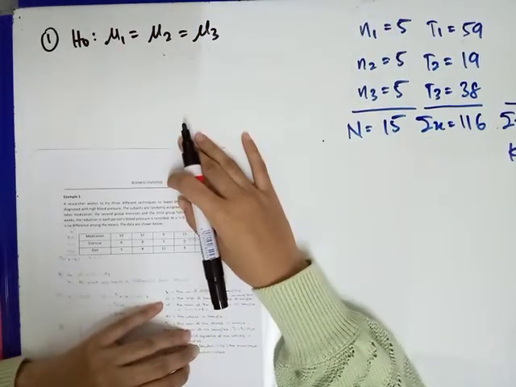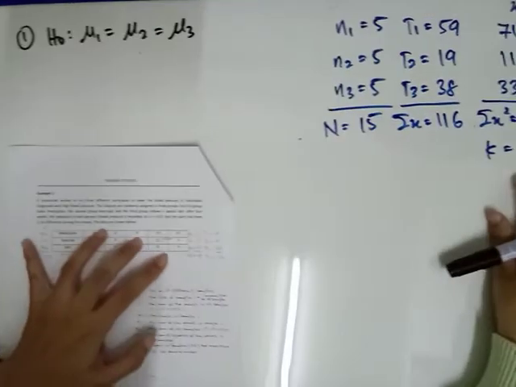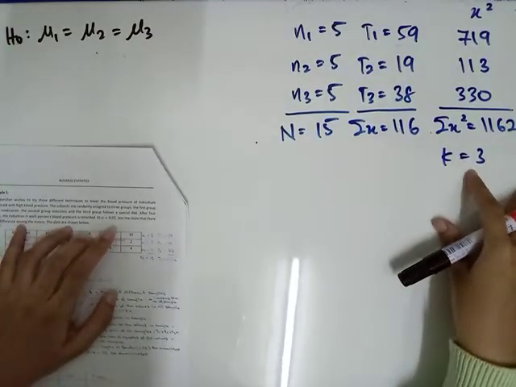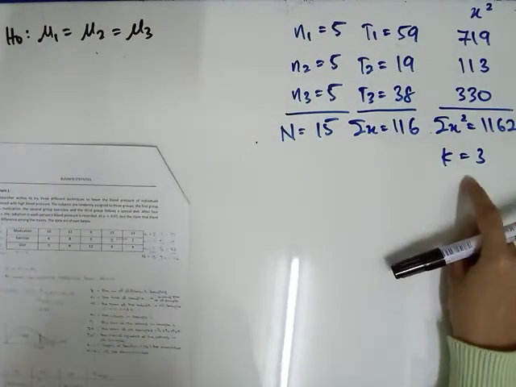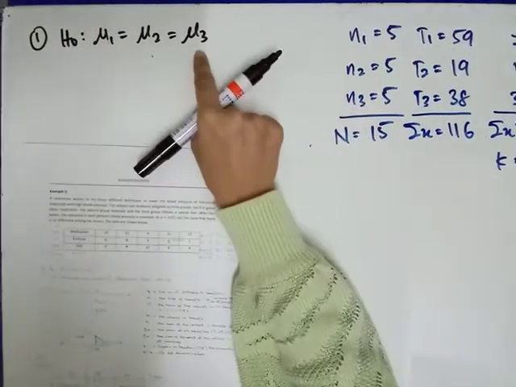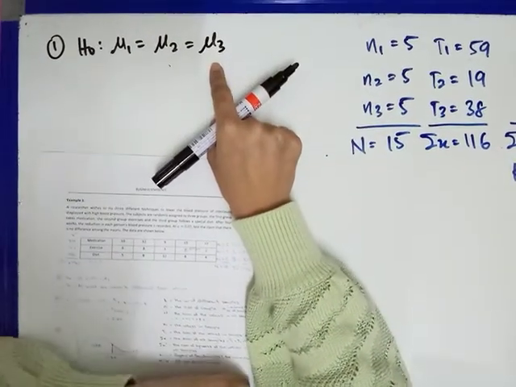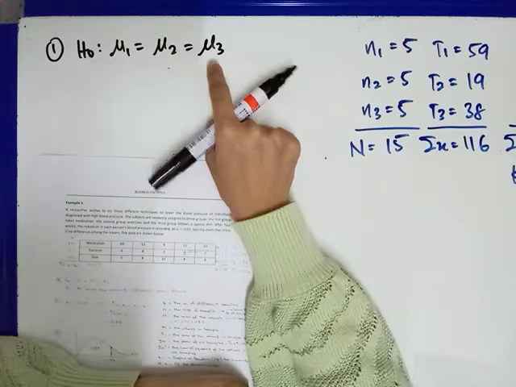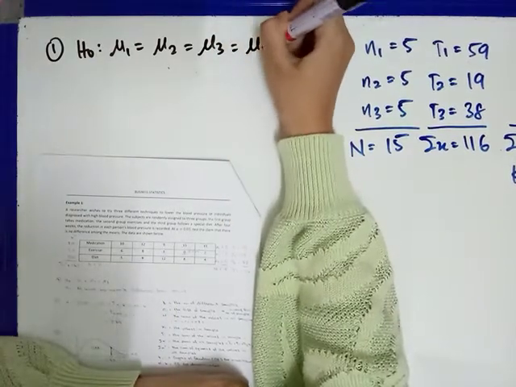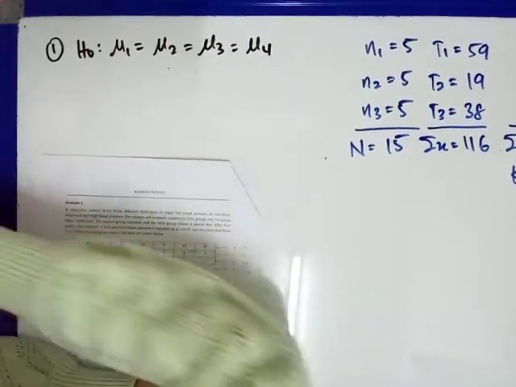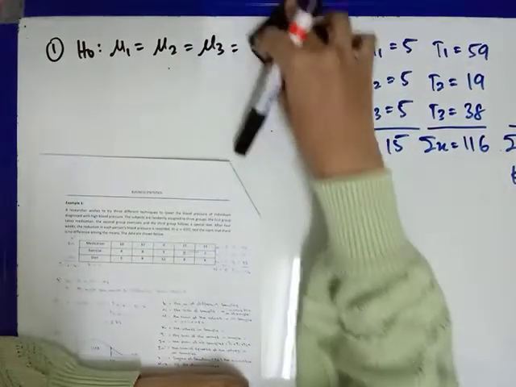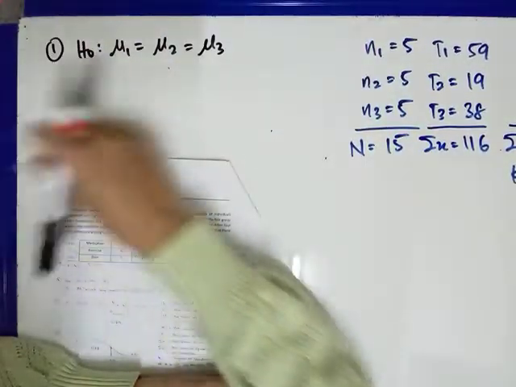Okay, that's it, until mean 3. Why? Because k equals 3. We have 3 different samples, so until mean 3. If we have 4 different samples, then you need to write down until mean 4. But now mean 3 only. So this is for H0.